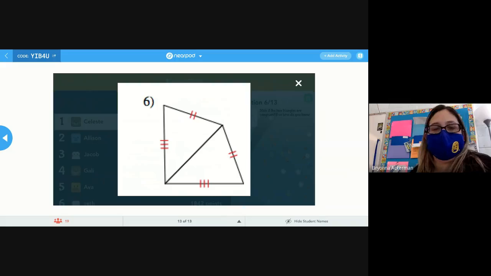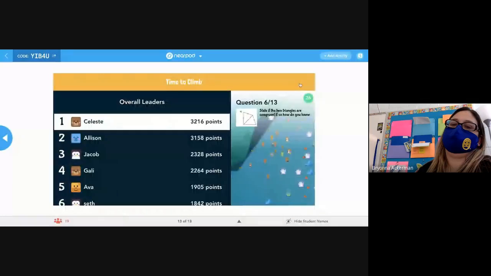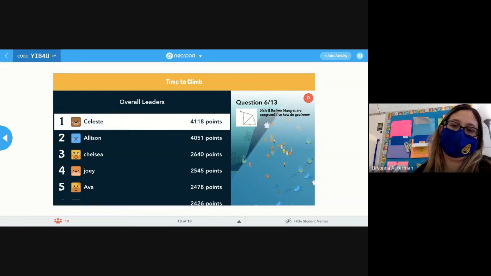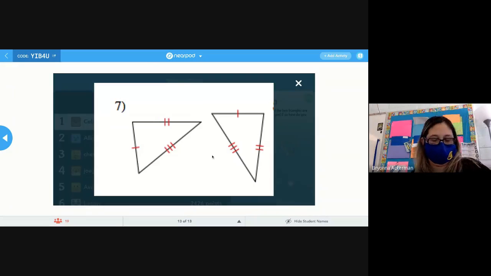Number 6, are these two triangles congruent? If so, how? Number 7, are these two triangles congruent? If so, how?